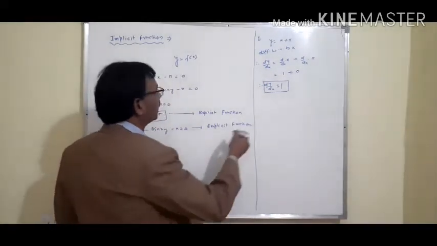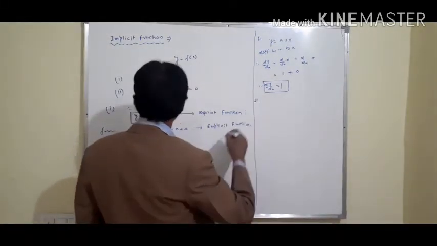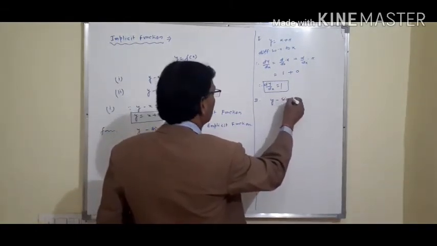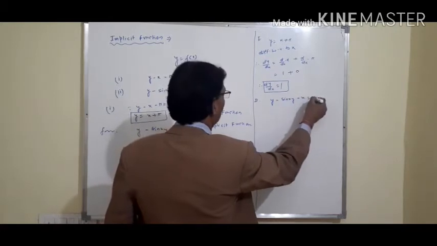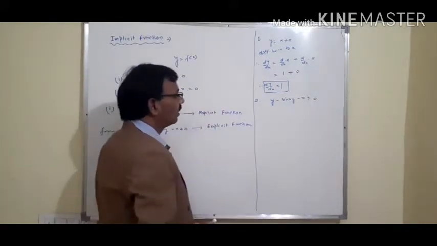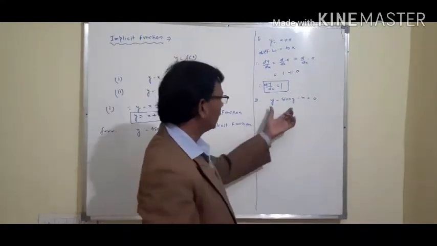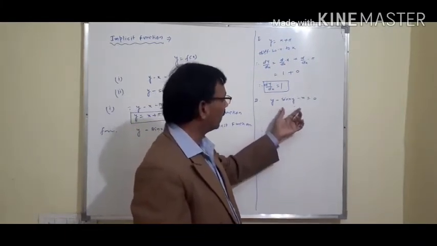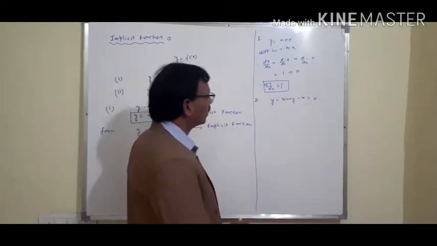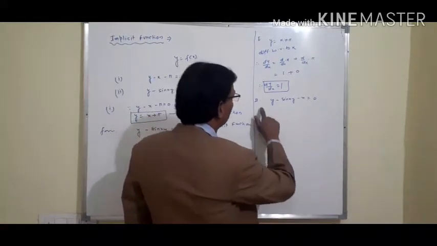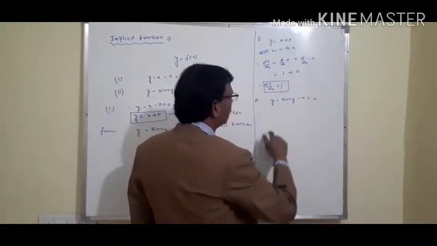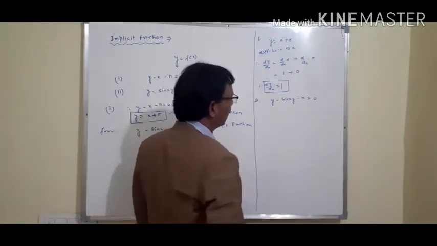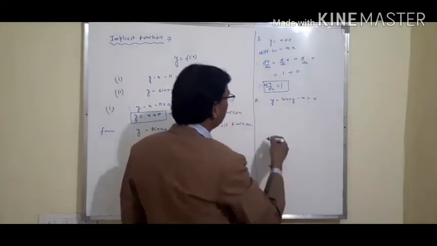But in the second case, if we take y minus sine of xy minus x equal to 0, in this case we can't solve y in terms of the x variable, so we should try to find the derivative in the original form.